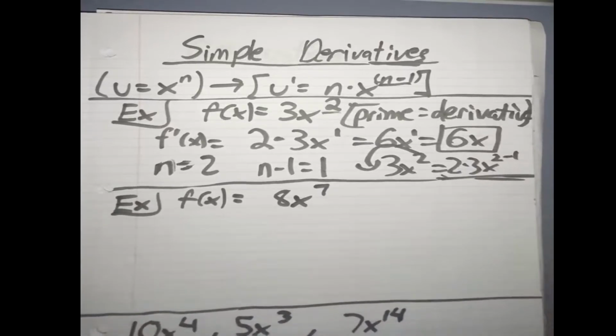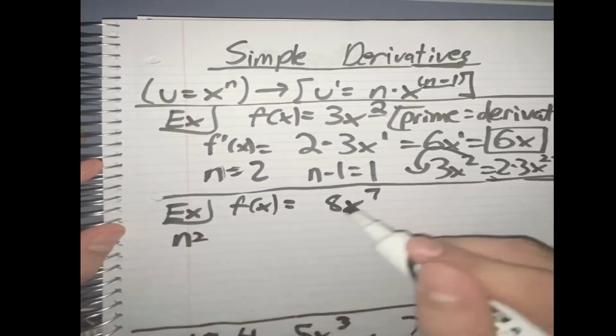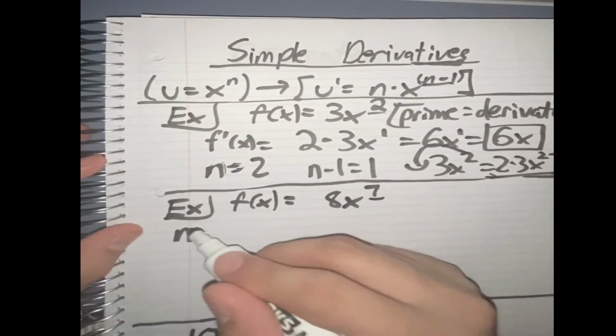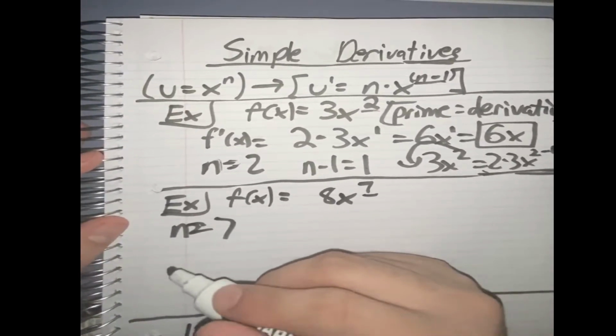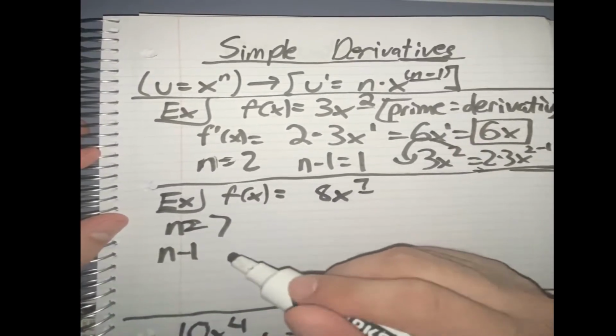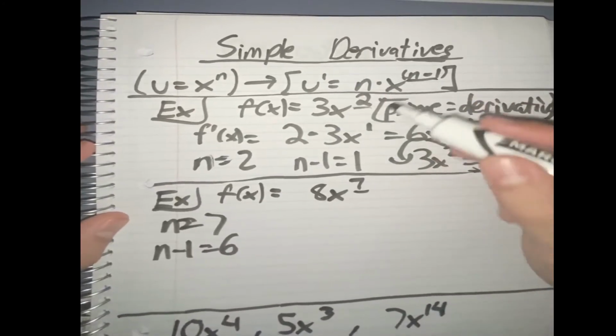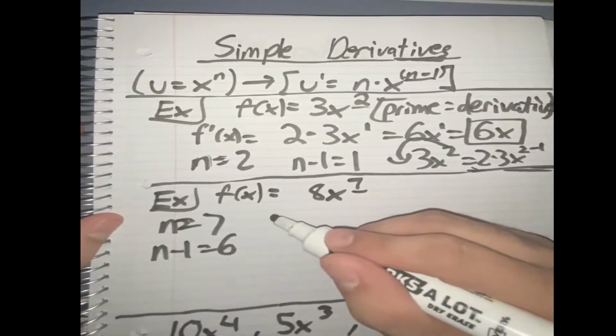Here we have a larger example, but it's the same concept. Let's identify our n, our exponent. Our exponent is equal to 7. The exponent for our derivative, n minus 1, is equal to 6. Now we simply plug it into this formula. n is 7.